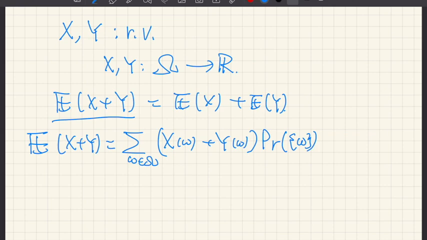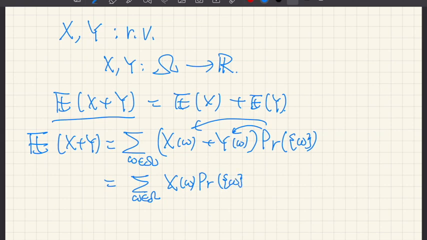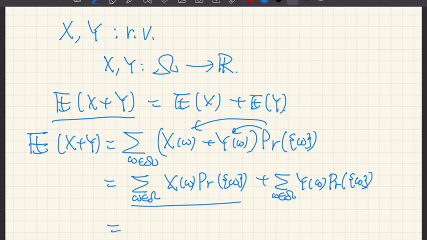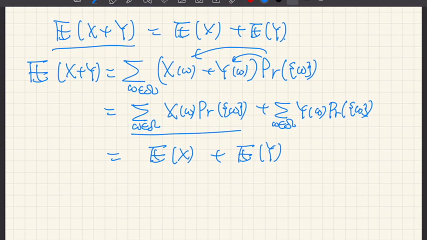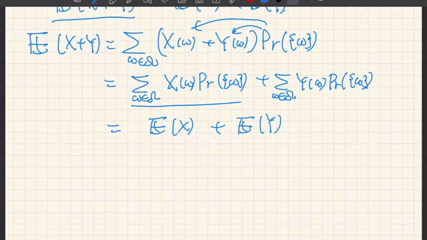So we just distribute them and split the summation. We have this plus this summation. And this is just the definition of the expectation value of X and the expectation value of Y. So that looks easy.